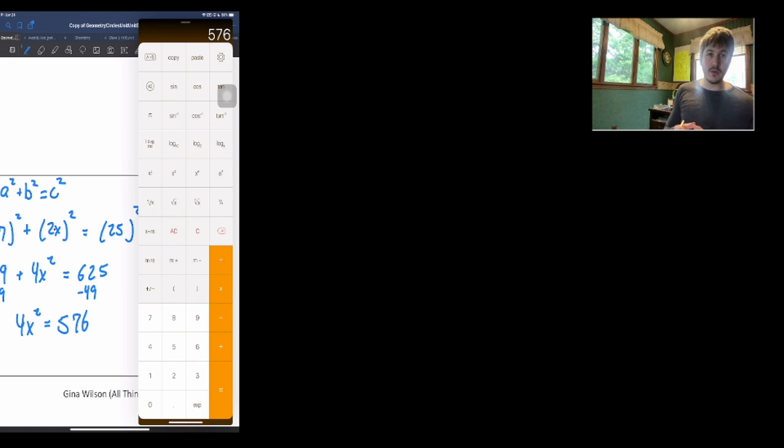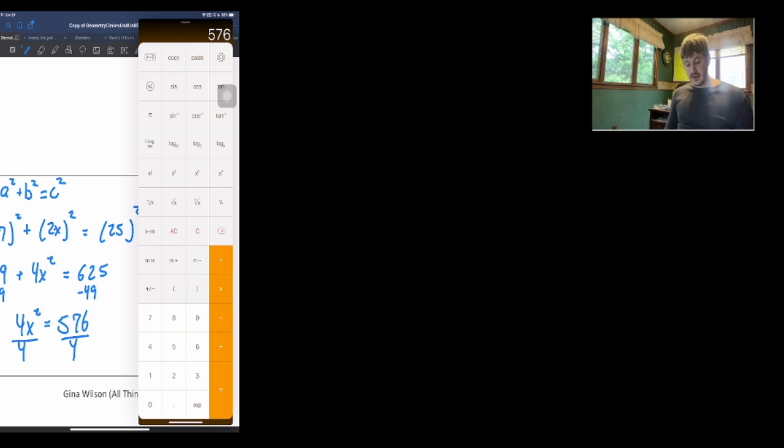Don't take the square root of both sides. I suppose in this specific example you could, because 4 is a perfect square. But what I prefer you to do, because if it were like 5x squared, I would not want to take the square root of both sides. It just happens to work for this one. You should just divide both sides by 4 first, and then take the square root after.